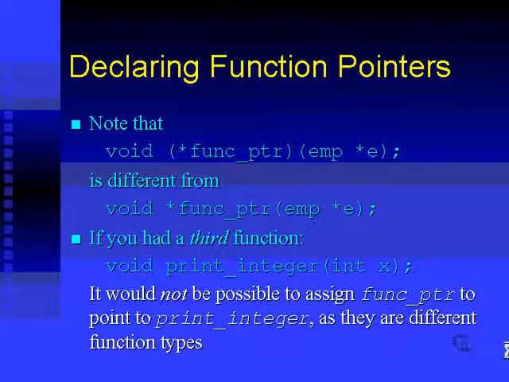It's simply not, because it's a different type of function. It's a void function, but this is a function that takes a single integer parameter as opposed to a single pointer parameter that points to an employee. Because the parameters are of different types, it means the function is a different type of function. And so you can't assign one to the other. That's just a rule. You'll get used to that in C. You simply cannot do that.